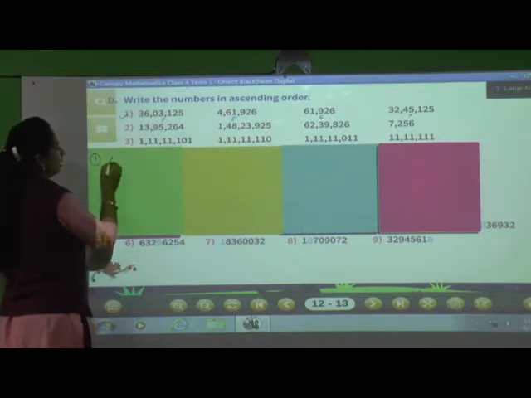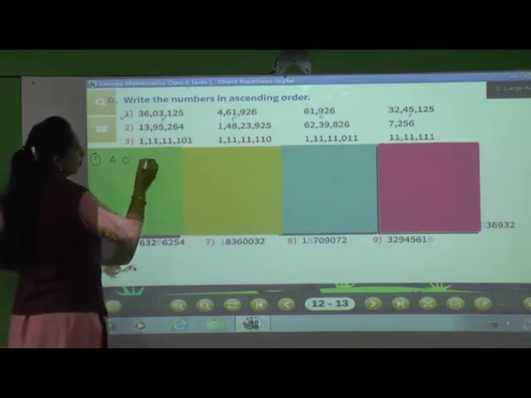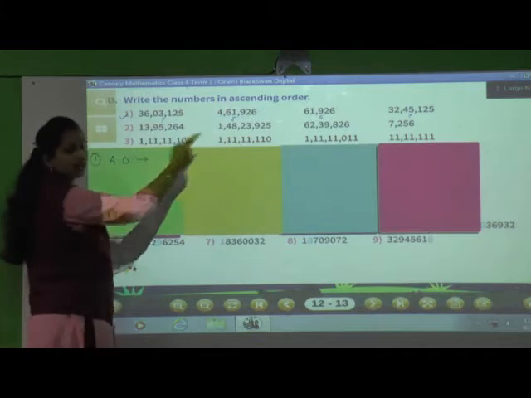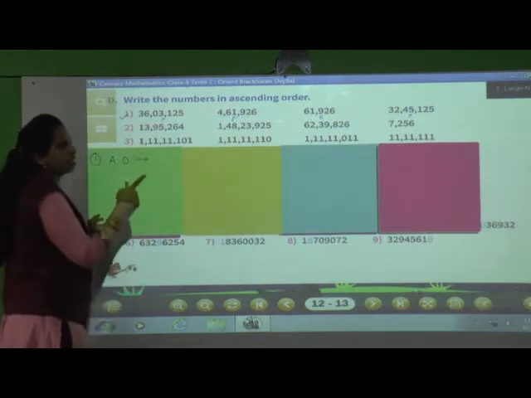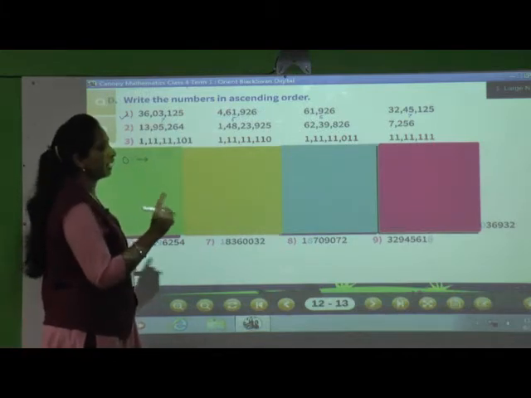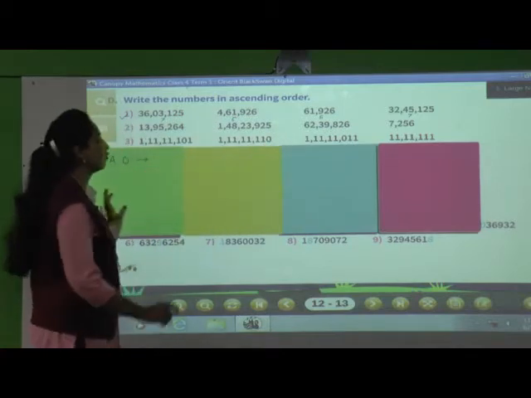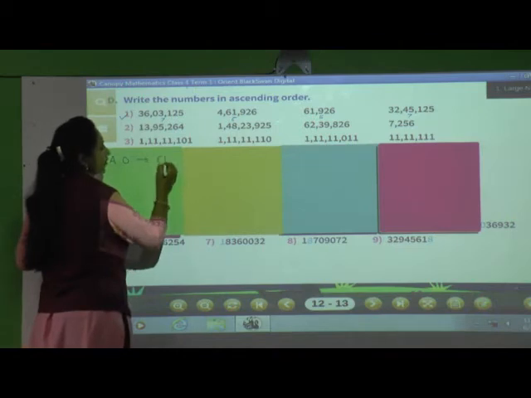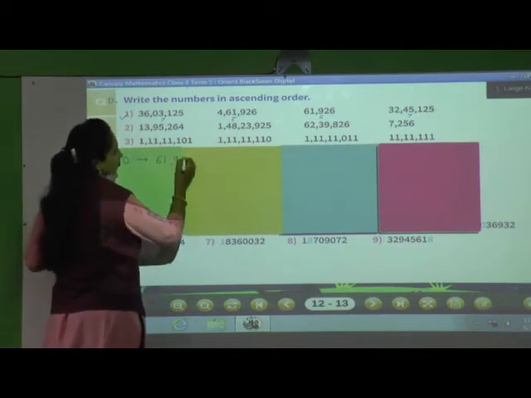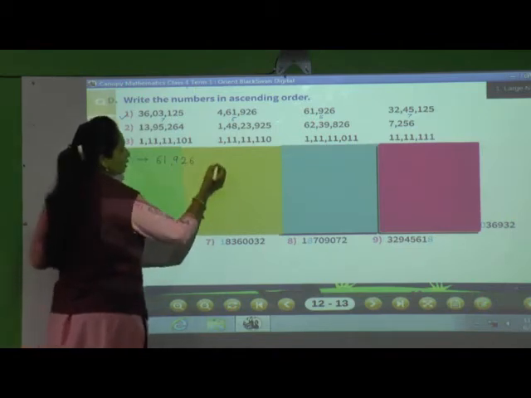So write first, ascending order, A.O. First I will take the 5-digit number, because 61,926 is the smallest number among these 4 numbers. I will take it here. Understood?